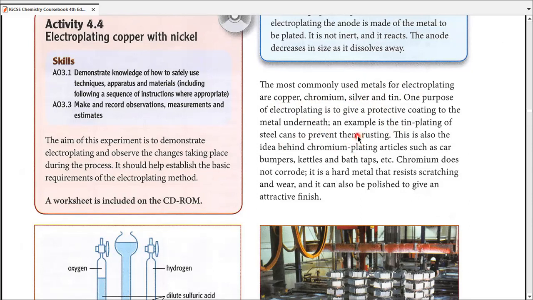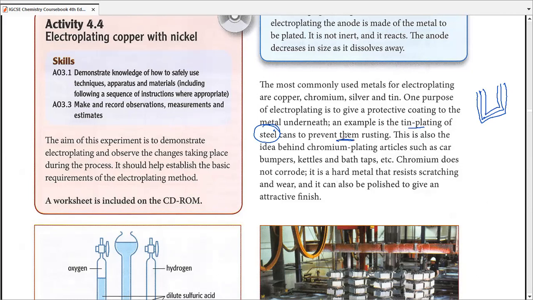For example, your Coke, Sprite, Fanta, name the most famous beverages around the world, you do find them in tin cans. Now, that can is actually made of steel, but there is a thin tin plating outside and inside.